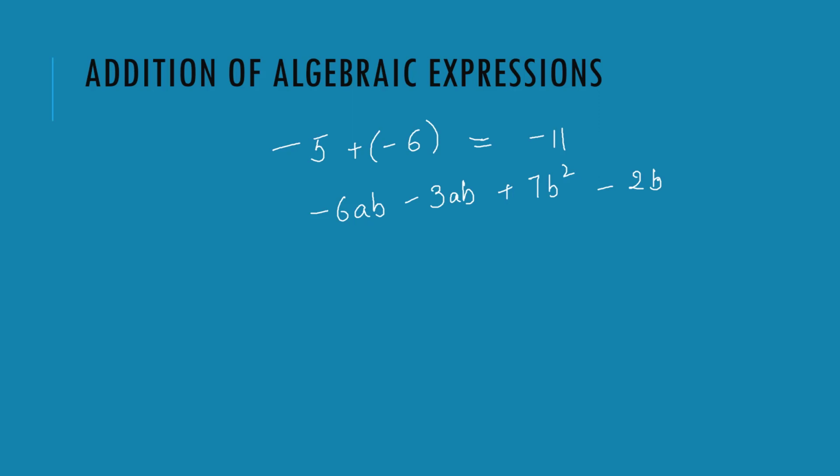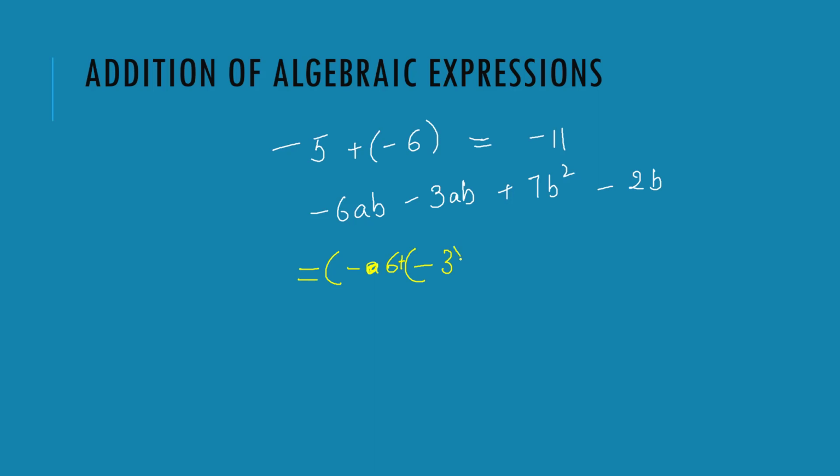Now if I give you a question, 6ab minus 3ab plus 7b square minus 2b, how will you do it? You want to try? Yeah, I'll do the same. Sorry, it should be 6 and plus minus in the bracket and plus 3.